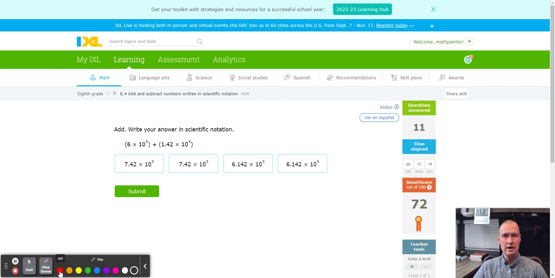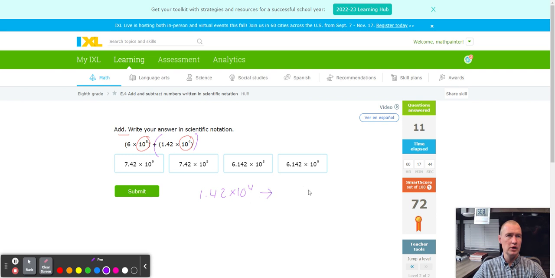All right, next up I have addition, 10 to the 5th power and 10 to the 4th power. So we need to modify the lower of the exponents. So let's go and fix that. I have 1.42 times 10 to the 4th power. All I did was copy this part down.